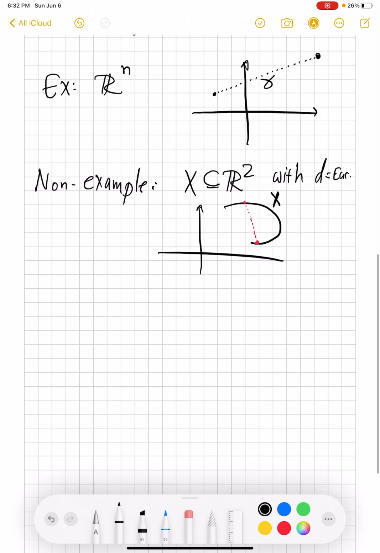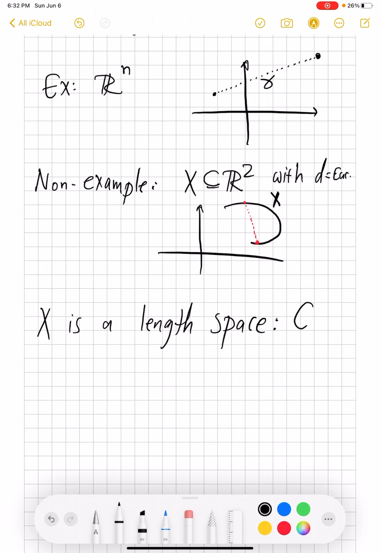Now a weaker condition than being geodesic is the notion of length space. This is where you don't actually get a curve with the same length as the distance, but you get pretty close. We have to be very precise in this.